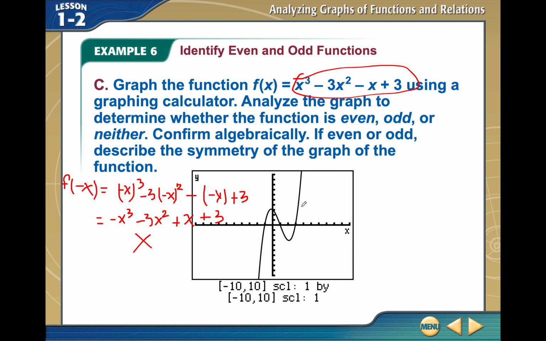What about being odd? If we are going to have it as odd, then we should know that f of minus x, this one, should be equal to the negative of this one. Let's take the negative of this one. So the negative of f of x is equal to, so every term now should be negated, so x cubed should become negative x cubed.